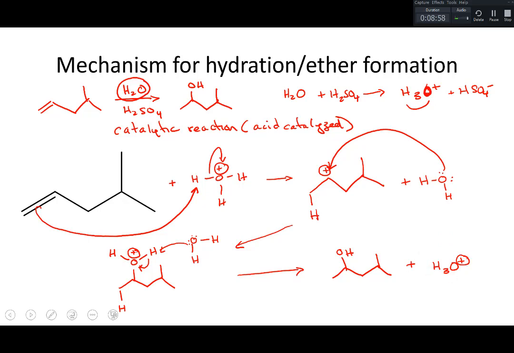Okay, so typically in a reaction like this, you're going to add about 10% of the acid, so 0.1 moles of acid for every 1 mole of reactant, and that should make it run just fine. It's catalytic. You don't need to have a whole bunch of extra.